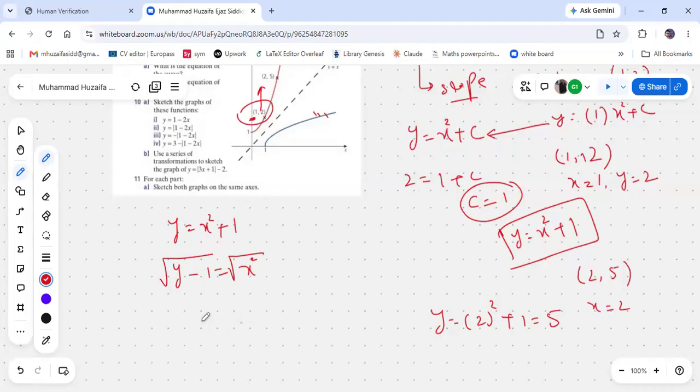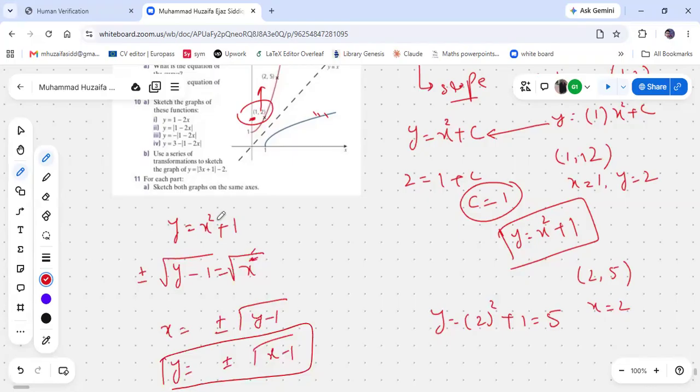So this is plus or minus the square root of y minus 1. The square root and the square cancel, so x is equal to plus or minus the square root of y minus 1. Our last step is that x is replaced by y and y is replaced by x. So this is plus or minus the square root of x minus 1. Okay, is there any confusion?